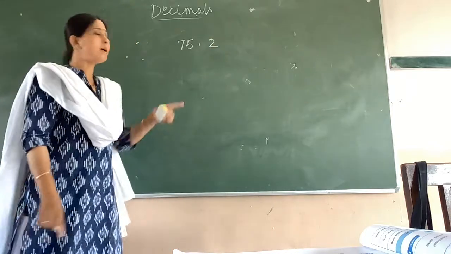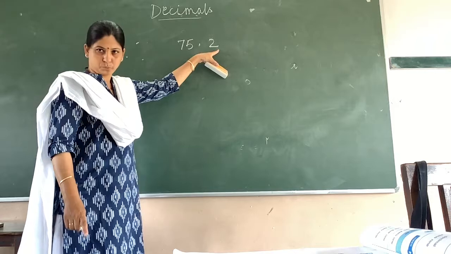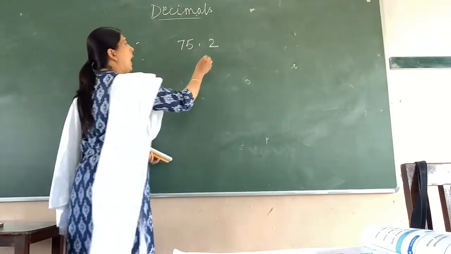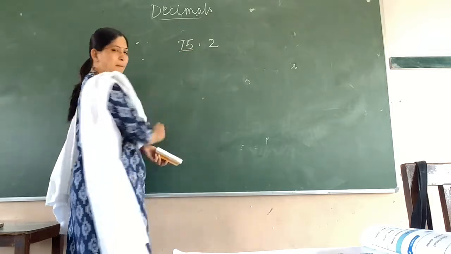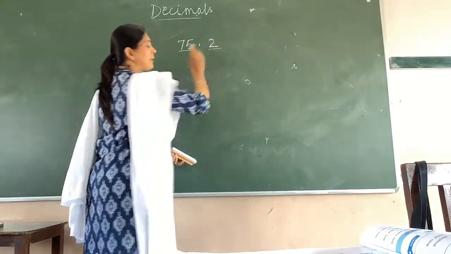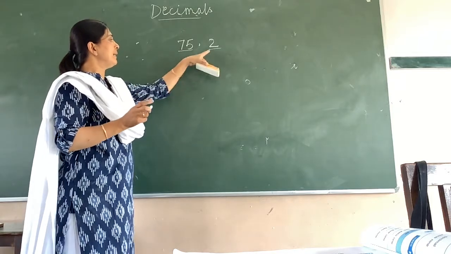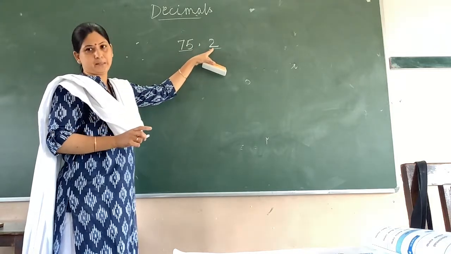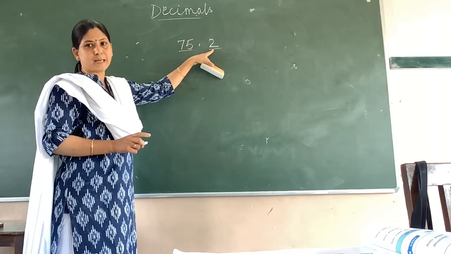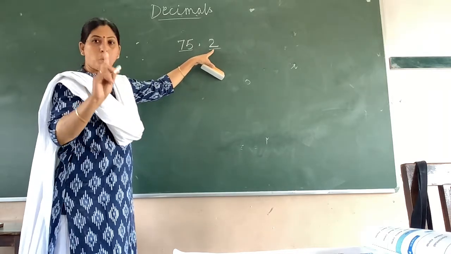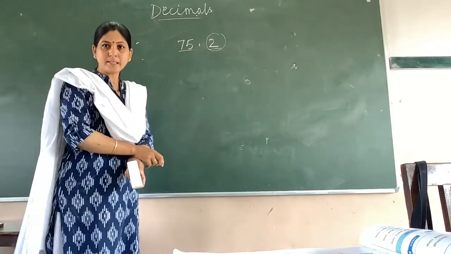Now look at this number that I am writing. What is this number? 75.2. Now see, this decimal point is separating the whole number part and the decimal part. How many digits are there after the decimal point? There is one digit after decimal, isn't it?